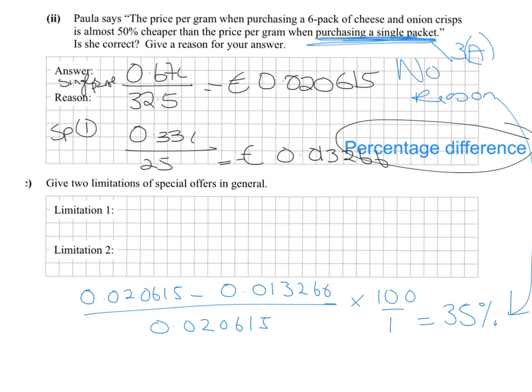The second part of that question said, give 2 limitations to special offers in general. So what's the problem with them? There's a couple of answers here, and I'm just going to read them out. Number 1, customers are encouraged to buy more than they need. So limitations. Customers are encouraged to buy products, goods that they don't need.